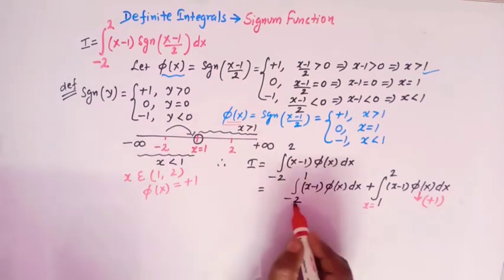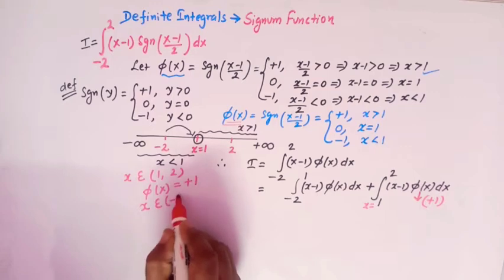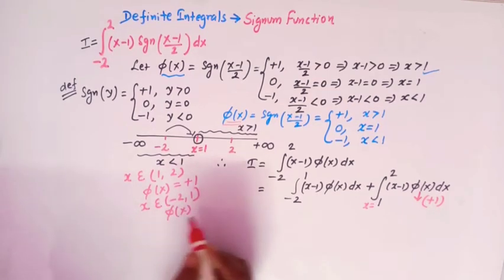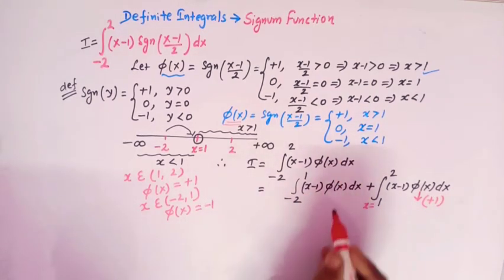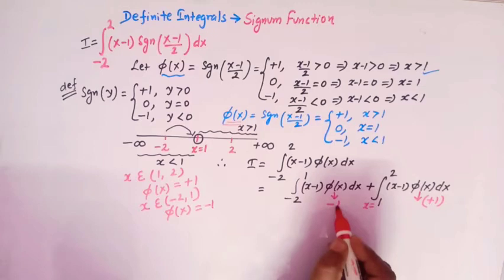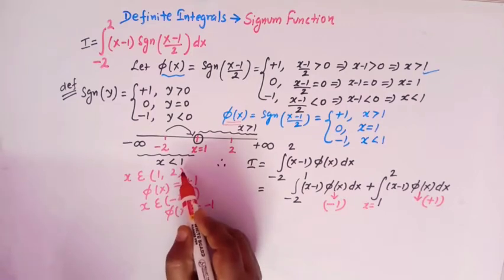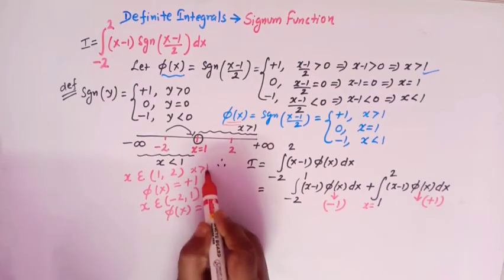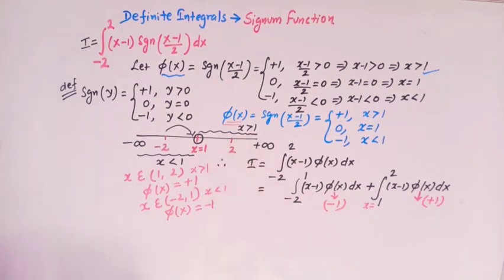And when x belongs to minus 2 to 1, then phi of x is equal to minus 1, because in this case x is less than 1.